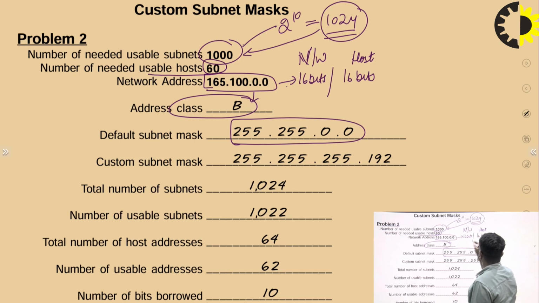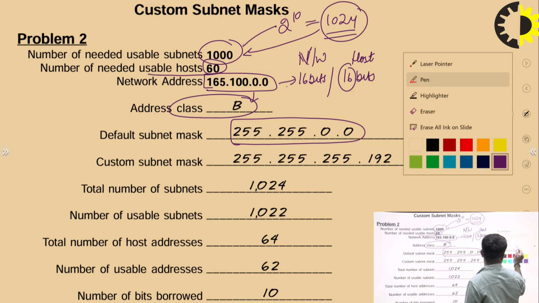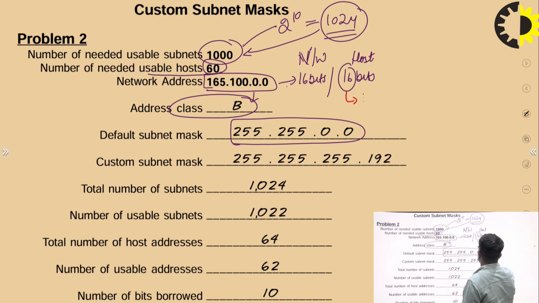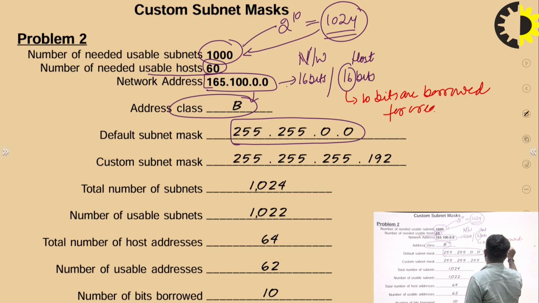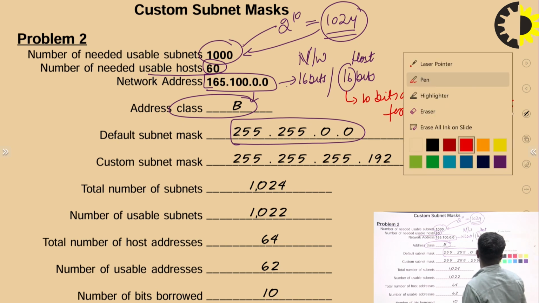So out of these 16 bits of host, 10 bits are borrowed for creating subnets. Okay.